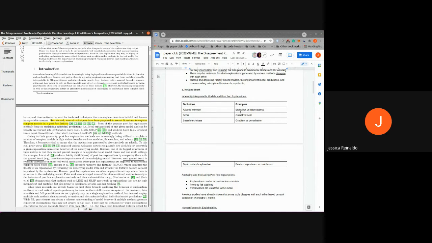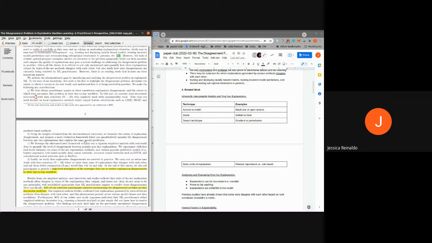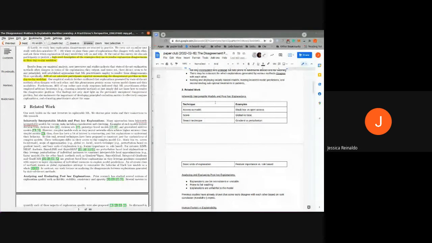So here in the related work, they talk about the different types of explainers. There are explainers that are black box or open access to the model. The score can be global or local. As I told you, local is more common. The search technique can be gradient or perturbation.